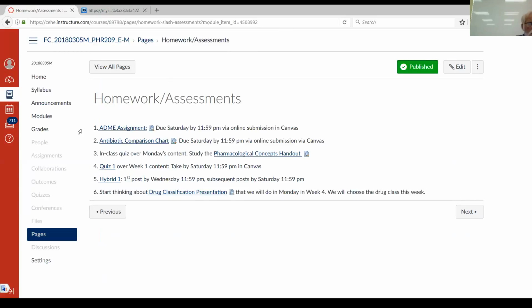So the drug classification, there is a list of drugs at the bottom of the page that describes this, and the classification is basically what kind of activity they have.